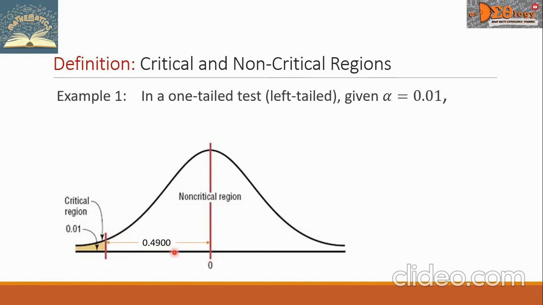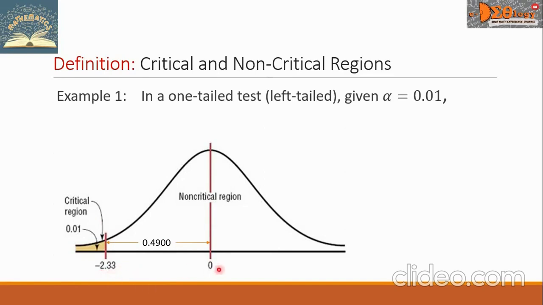Using our table of standard normal distribution, the value of the z-score corresponds to negative 2.33. Actually, in the table, you will see the value 2.33.